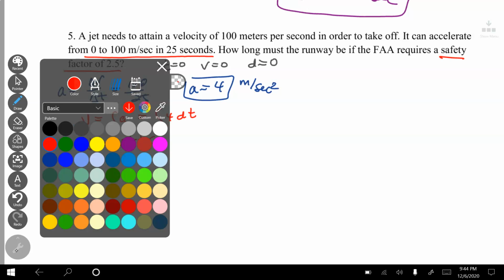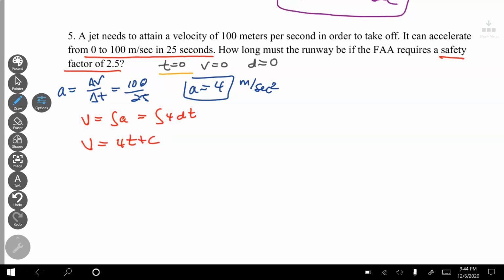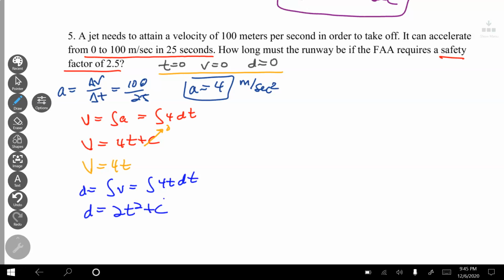But I know at the very beginning, the plane is sitting still, so my distance is 0 and my velocity is 0, so I could call that 0. So my velocity is just 4t. If I want to do my distance, it's the integral of v, which is the integral of 4t dt. So my distance is just 2t squared plus c.